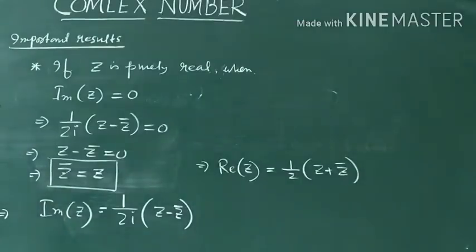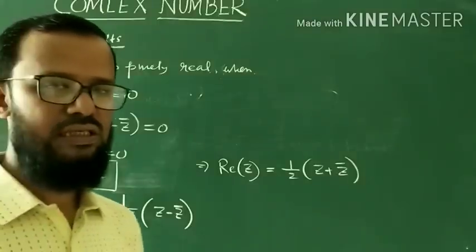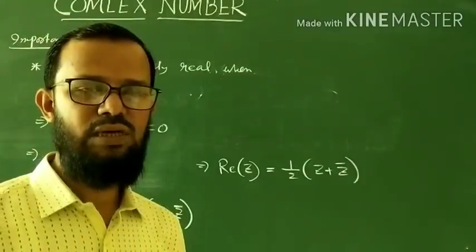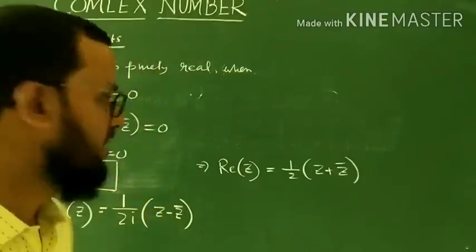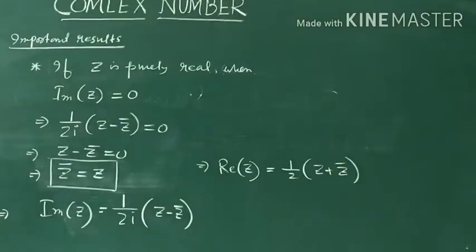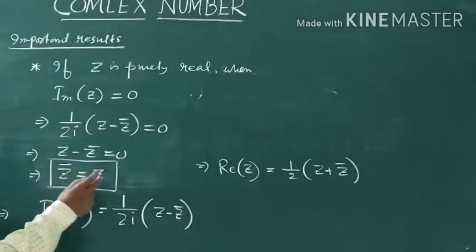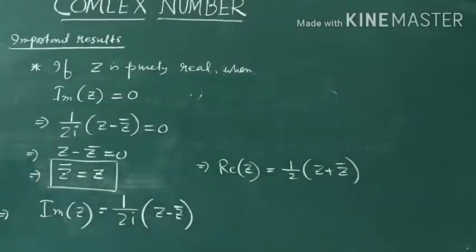Whenever you prove that z bar equals z, you can conclude that the complex number is purely real. So a complex number is purely real when its conjugate is equal to the complex number itself.